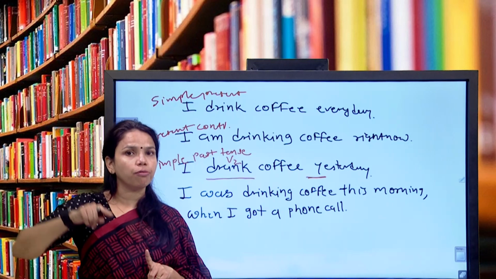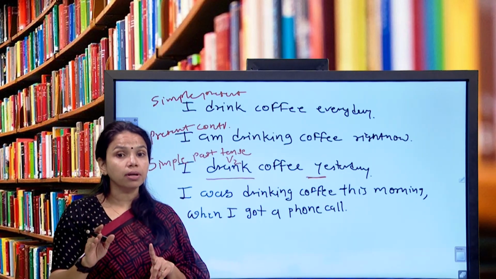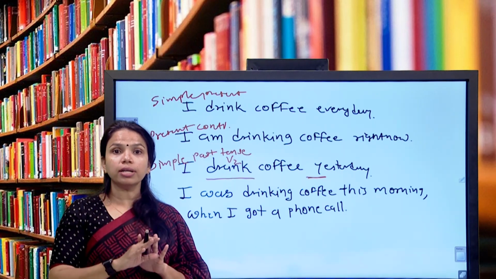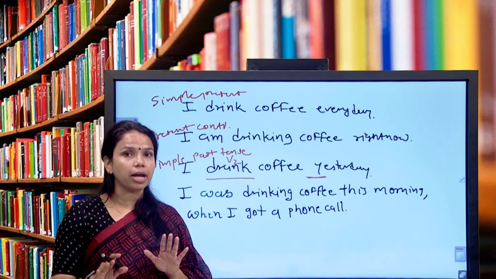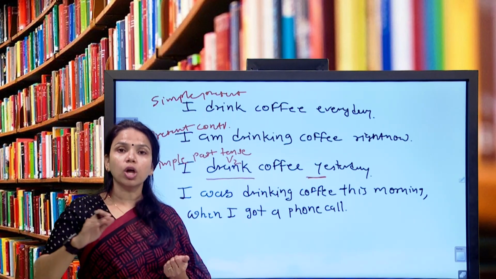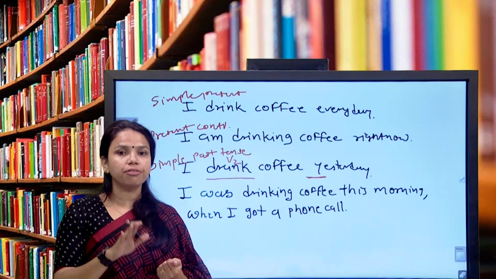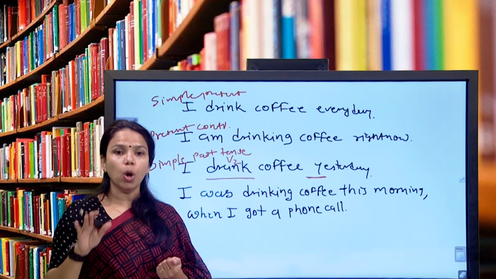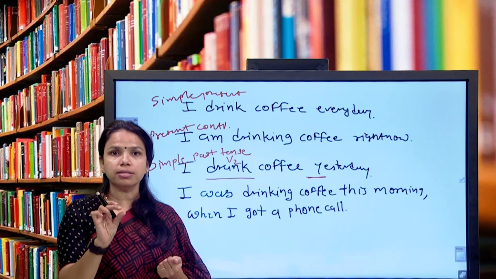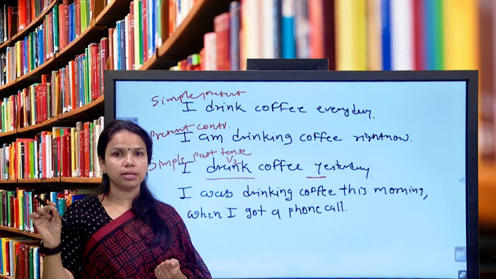When I got a phone call, at that time, I was drinking coffee. I did not finish my coffee, but the process of drinking was going on. The condition was going on. So, this sentence represents past continuous tense, right?